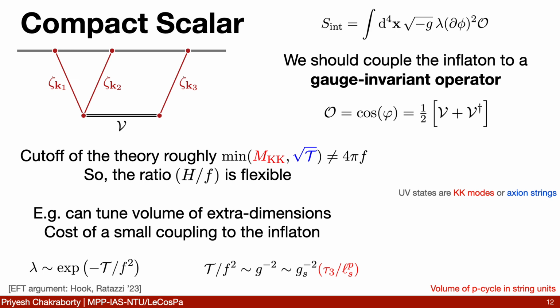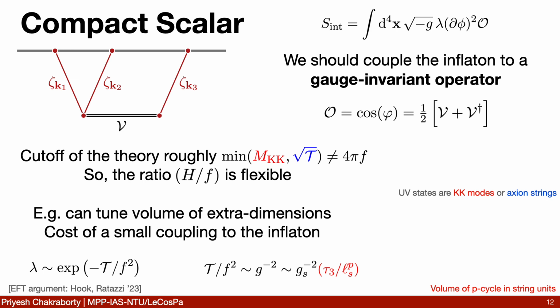An easy way to see this is that you just ask what are the UV states, and those are either KK modes or strings, and those two scales are actually flexible. So the ratio H over f doesn't actually have to be small, it can be order 1 as well.